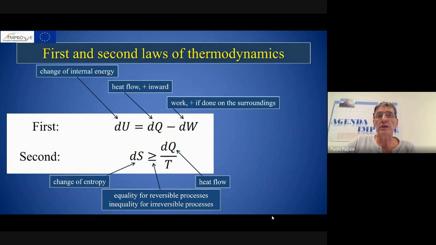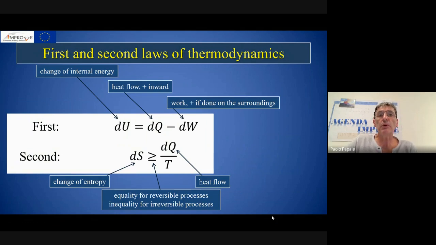If energy is added or subtracted to the system in the form of heat, the internal energy of the system increases or decreases correspondingly. If energy is subtracted or added to the system in the form of work done by the system on the environment or work done by the environment on the system, the internal energy of the system also decreases or increases accordingly.